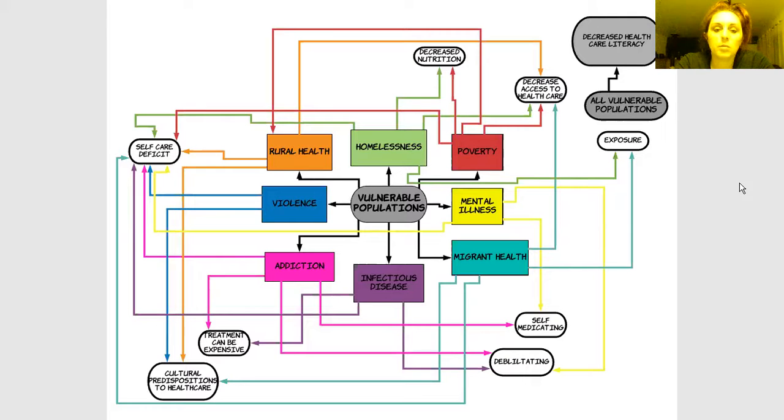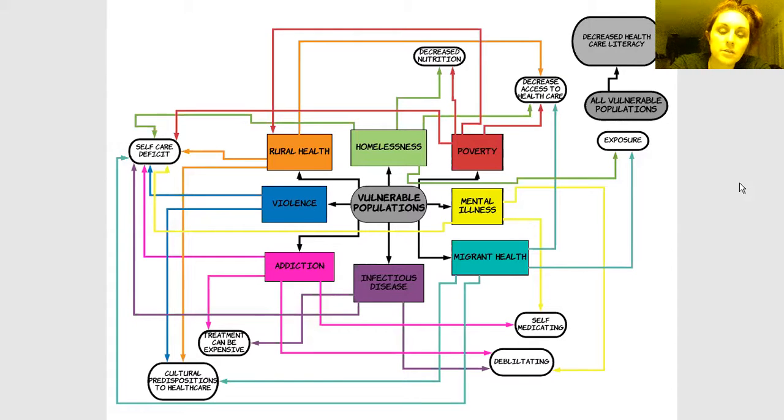So we'll start by talking about vulnerable populations, basically groups of people who are exposed or have a lifestyle of or have come in contact with some type of situation that can increase their risk for healthcare issues. So for vulnerable populations, I'm going to start at the top in the green box for homelessness.